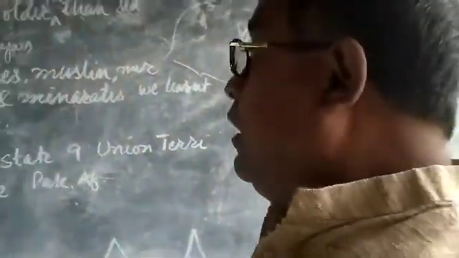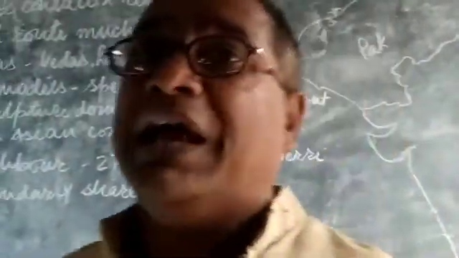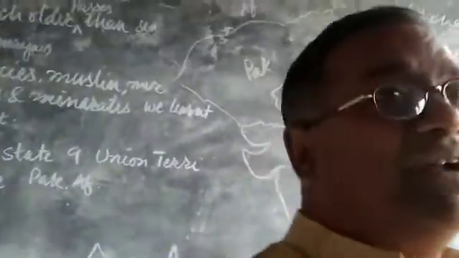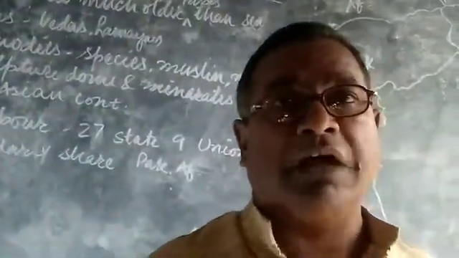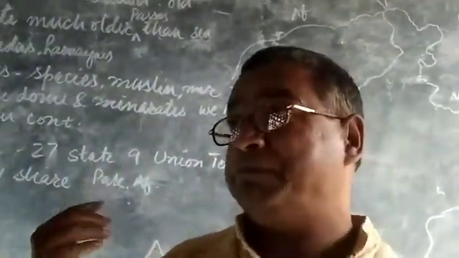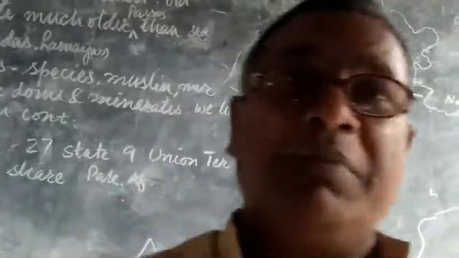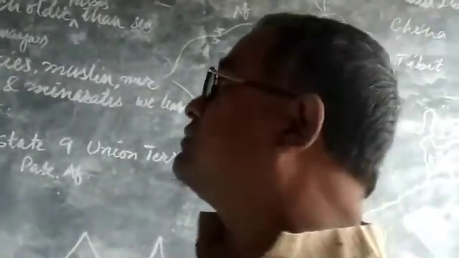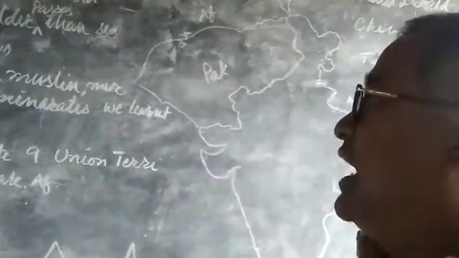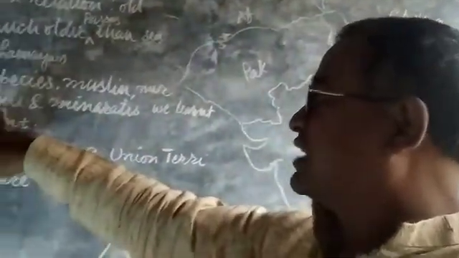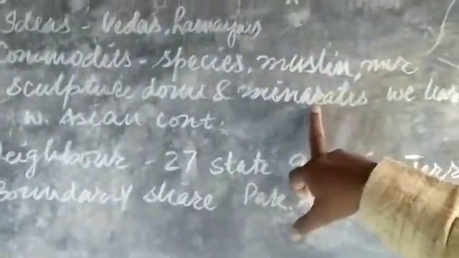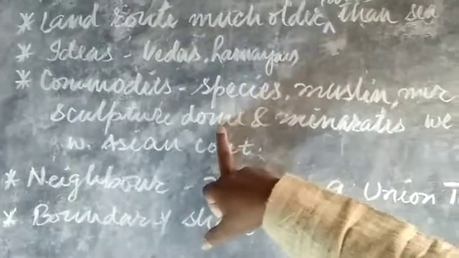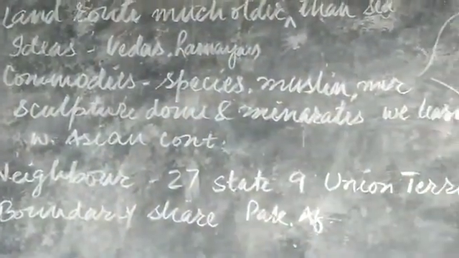And even in our country India, minaret-like structures and dome-like structures are found in most villages, houses and monuments. This means our country India learned the manufacturing of domes and minarets. Dome means gumbad-like structure and minarets means minar-like structure.